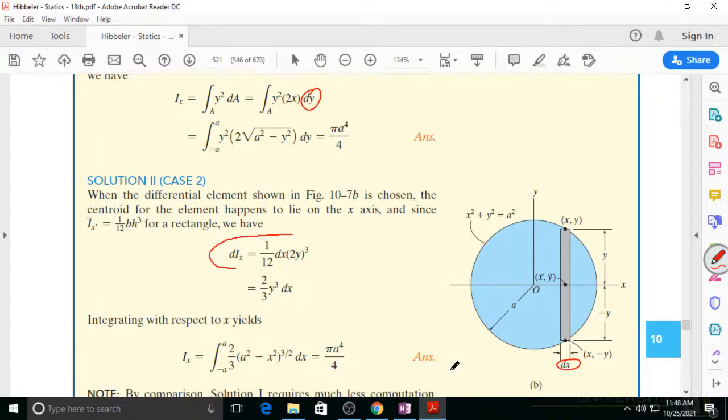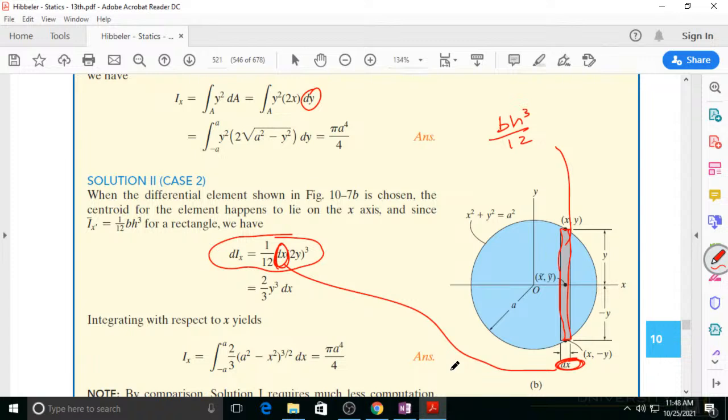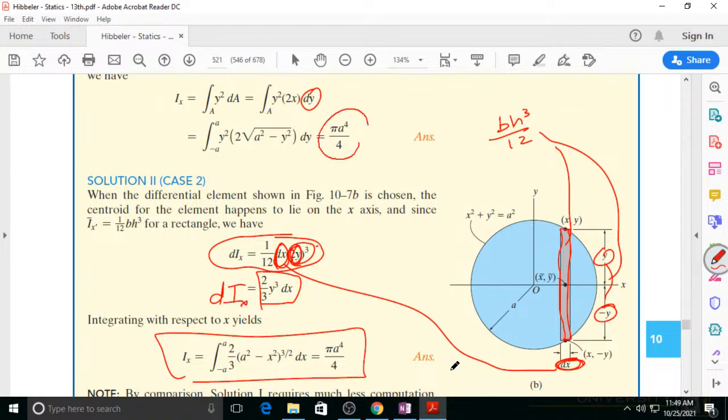And again, what you have to do is you have to find this is a long slender piece, and the base is dx, height turns out to be this, or 2y, because there's one y below, one y above, and you end up with this being the dIx, and then you have to integrate it, end up with the same answer on both. So, oh, it looks like it's done.